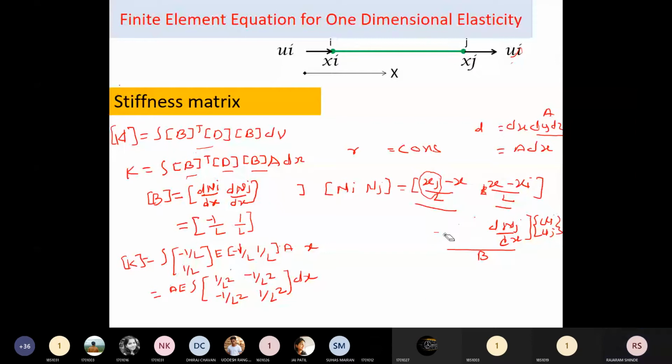Next one. Now you can see here 1 upon L square term is common in all the elements of the matrix.